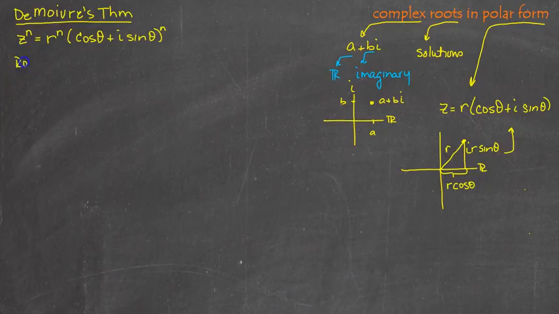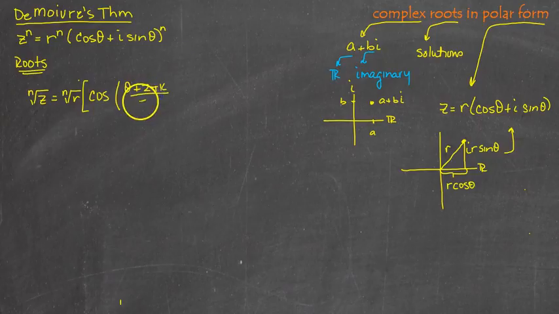So we can look for the roots of complex numbers using the formula: the nth root of our complex number z is equal to the nth root of r times the cosine of theta plus 2 pi k over n, plus i times sine of theta plus 2 pi k over n.